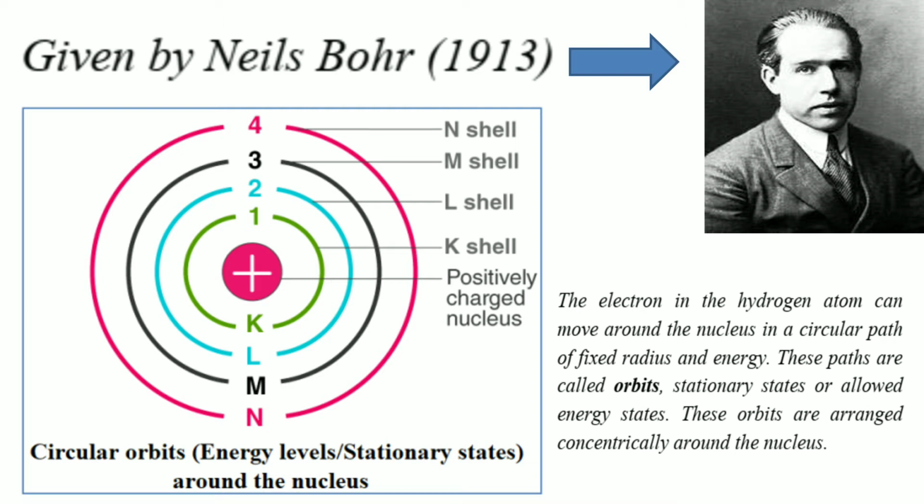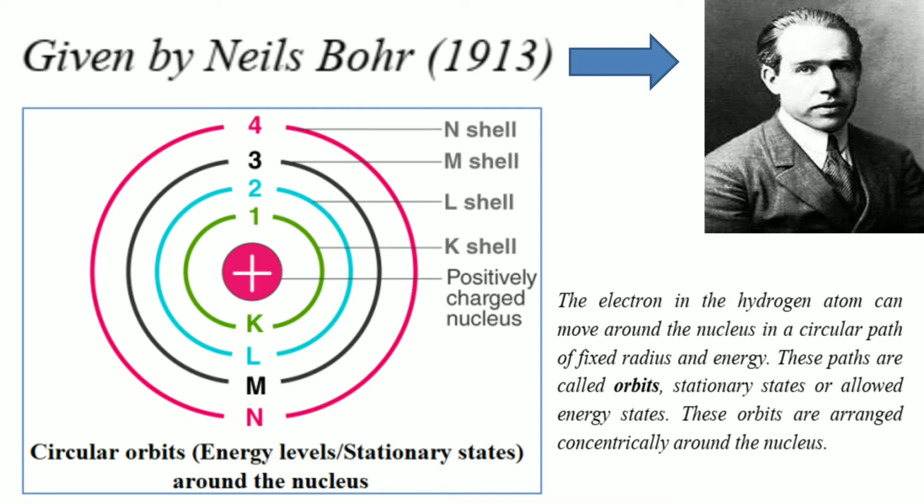Here in this video you can see that there are 4 energy levels shown around the nucleus, and the nucleus is positively charged. These energy levels are named K, L, M and N. K is represented by the green color and this is the first level.